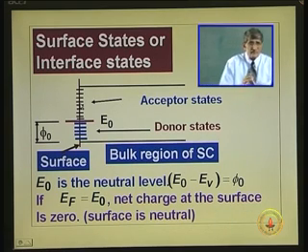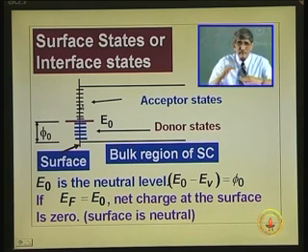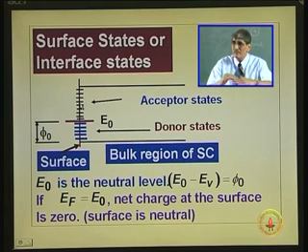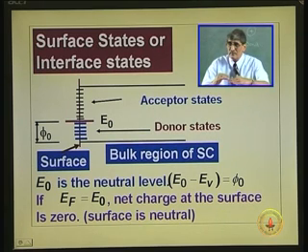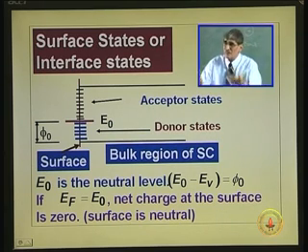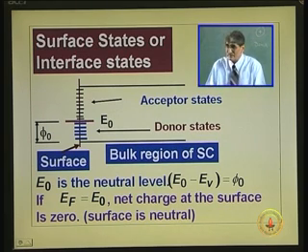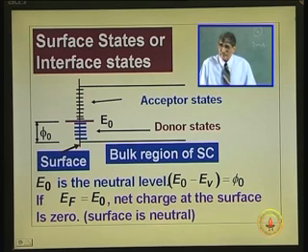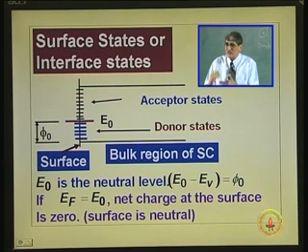See, it is just the reverse. If the donor level is occupied by an electron, it is neutral. If the acceptor level is not occupied, it is neutral. If the level is occupied here, it is neutral.